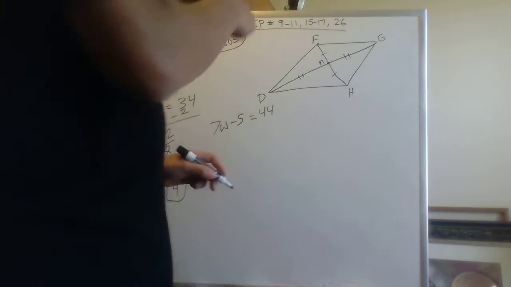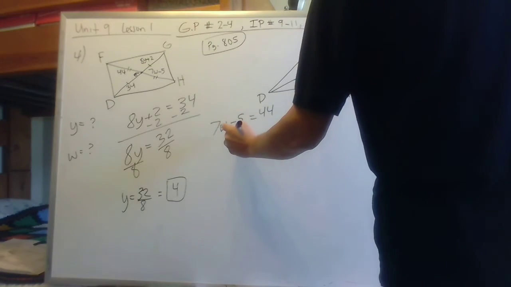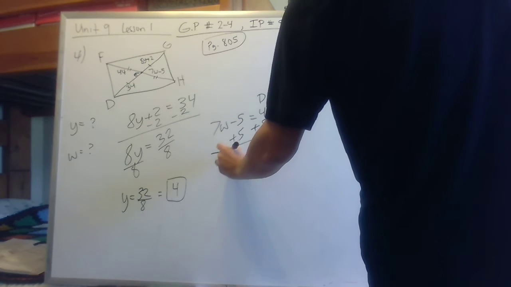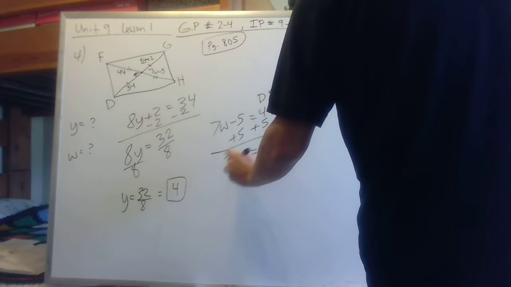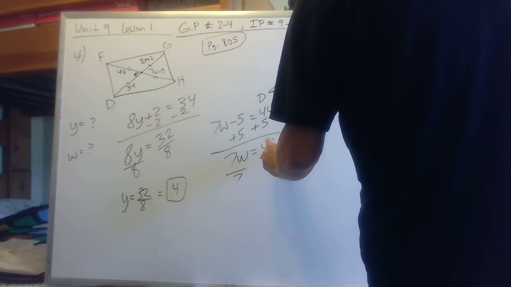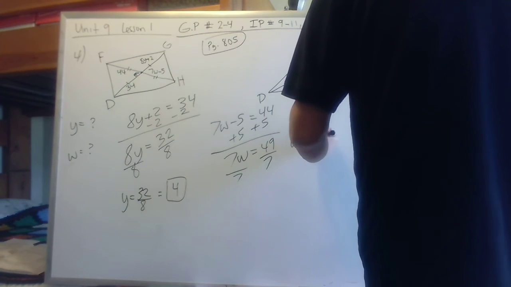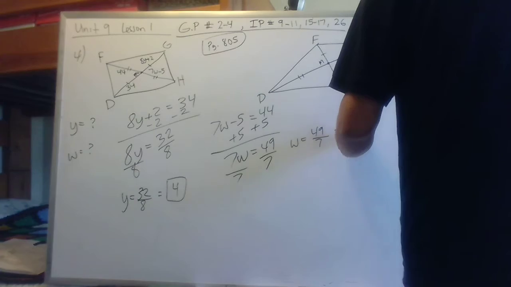So y equals 4. And I'm going to do the same thing for w. I'm going to add 5. So 7w equals 49. I'm going to divide both sides by 7. So w equals 49 divided by 7, which is 7.